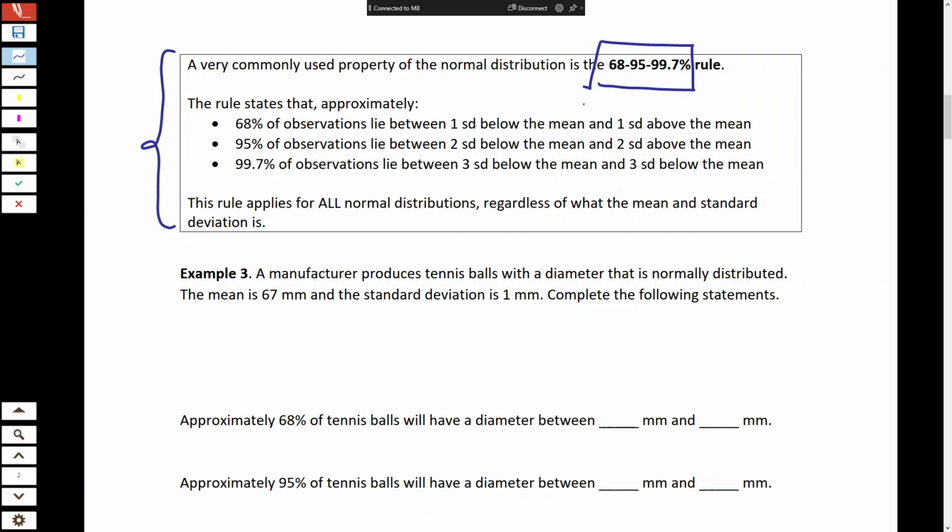So this is what this rule says. If I have any normal distribution, it doesn't matter what the mean is or the standard deviation is, approximately 68% will be within one standard deviation from the mean.